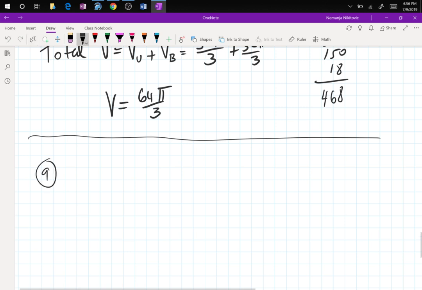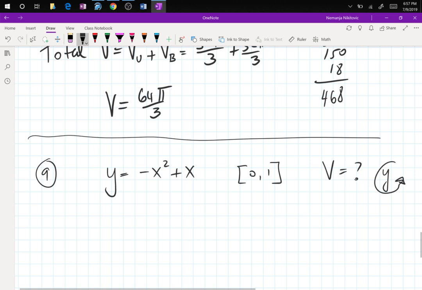So we have y equals negative x squared plus x on the interval 0 to 1. And they're asking what's the volume as you are rotating around y, right? This is a problem where disk doesn't work at all.